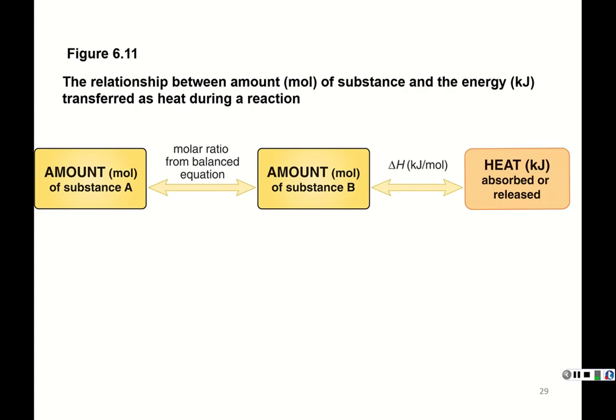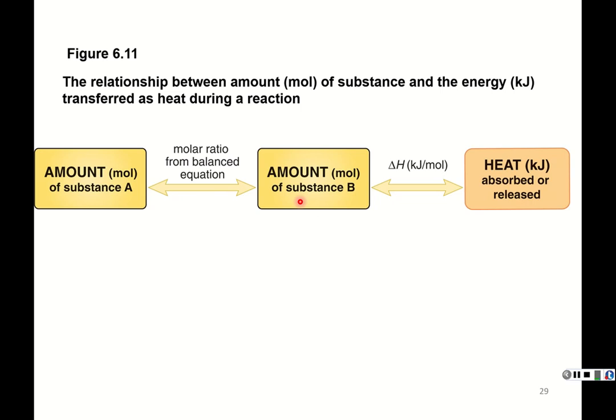So here's a relationship between the amount, or moles, of a substance and the energy transferred as heat during a reaction. If you have the amount of substance A in moles, you can convert it into the amount of substance B just using the mole ratio in the balanced chemical equation. We talked a lot about that from chapter 3.